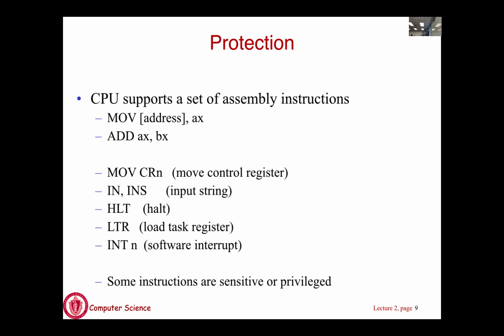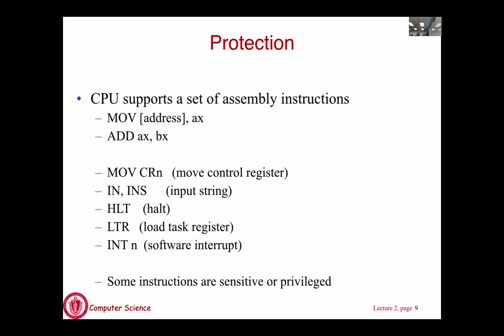Seems like you shouldn't, because you can just write a program, say halt, run it and the machine just shuts down. That is not what you expect an application process to do. But if it wants to add 2 values in a register, fine, those are all instructions that seem like they should be allowed to execute.